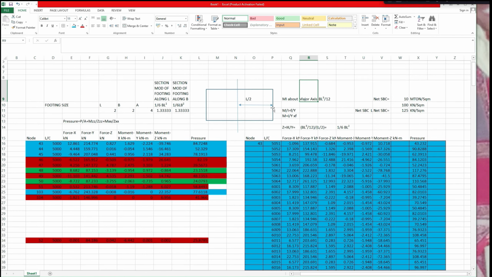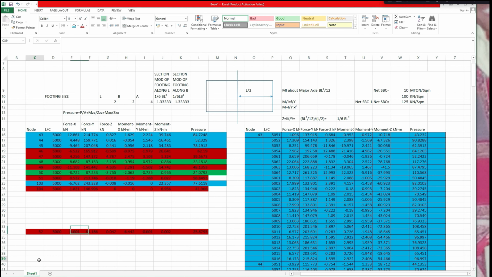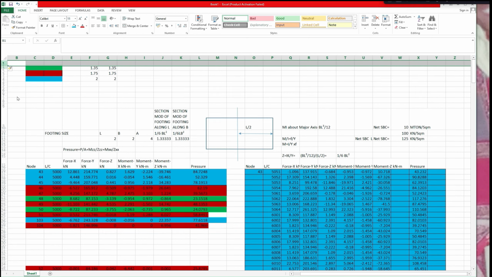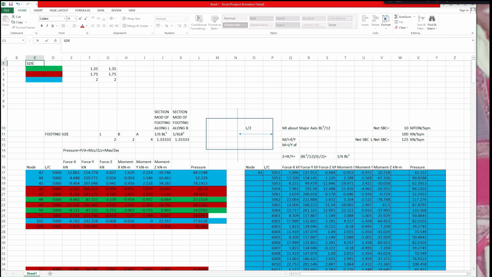So let us note the node numbers. Size, L, B, node number.